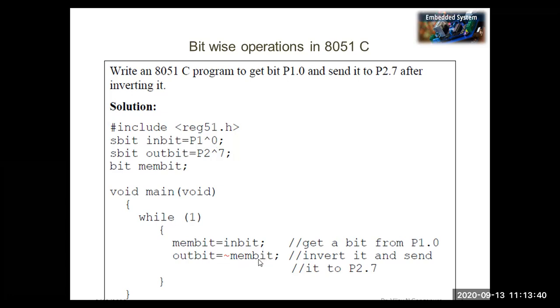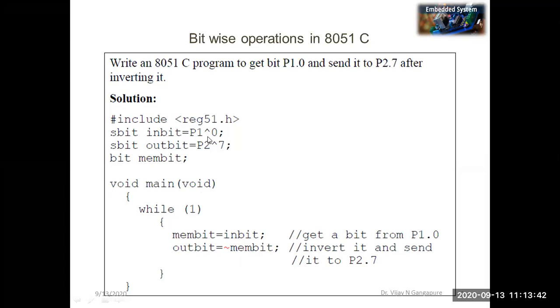So in mem bit, we now have the data read from port 1 pin number 0, so that is available in mem bit. I am inverting that mem bit data, that is, if it was 0 it becomes 1, and if it was 1 it becomes 0, and that we are assigning to out bit. But out bit represents pin number 7 of port 2. So we are outputting the data in mem bit: first we are inverting it and then outputting to pin number 7 of port 2.